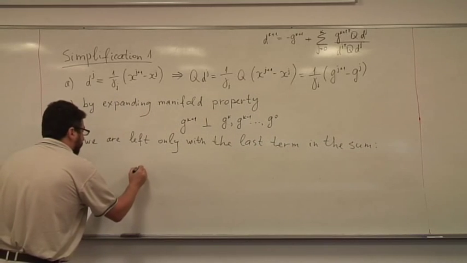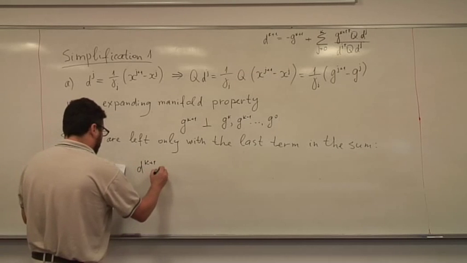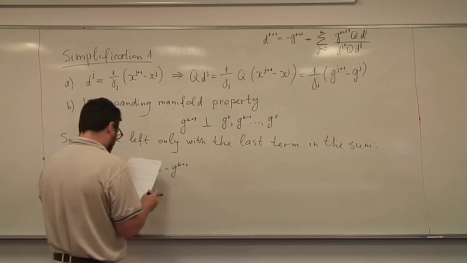Namely, d k plus 1 is equal to minus g k plus 1.